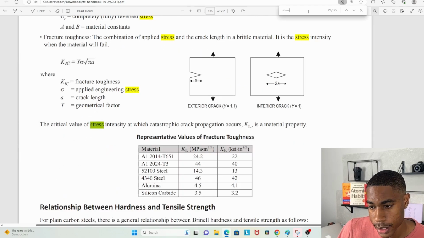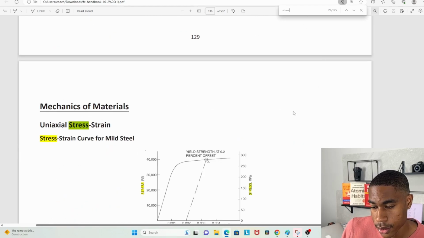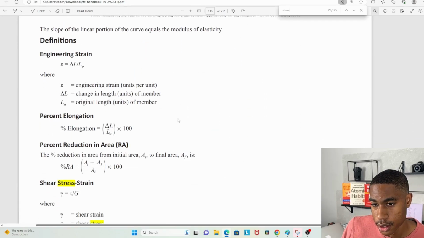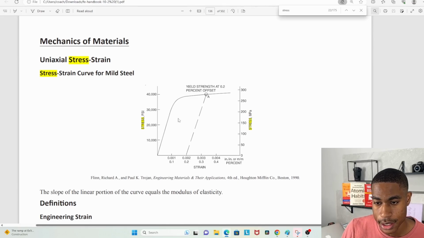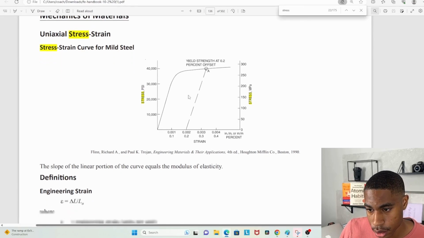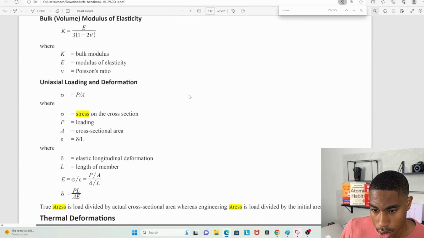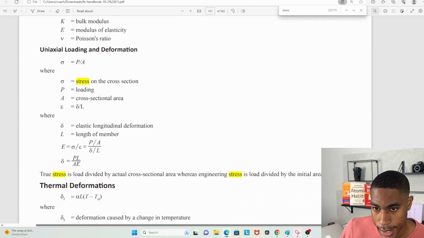It is somewhere in here. Normally in mechanics of materials, that's where you get to what you need, because that's the topic that we're currently in. And boom, uniaxial loading and deformation. This is where I pulled this information from. So it's really important that you're able to navigate your manual, right?